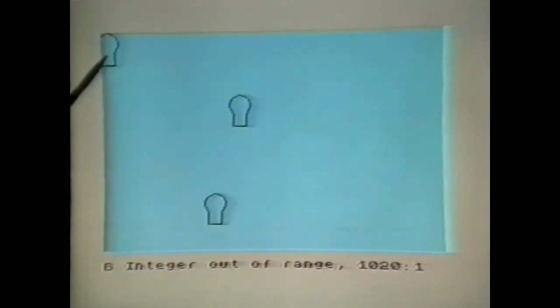Although the first 2 lines were drawn successfully, as it curved round to do the 3rd line, it came off the paper into the border area. And at the bottom of the screen we have this message, integer out of range. And we'll always get this message if our drawing tries to go off the main part of the screen.